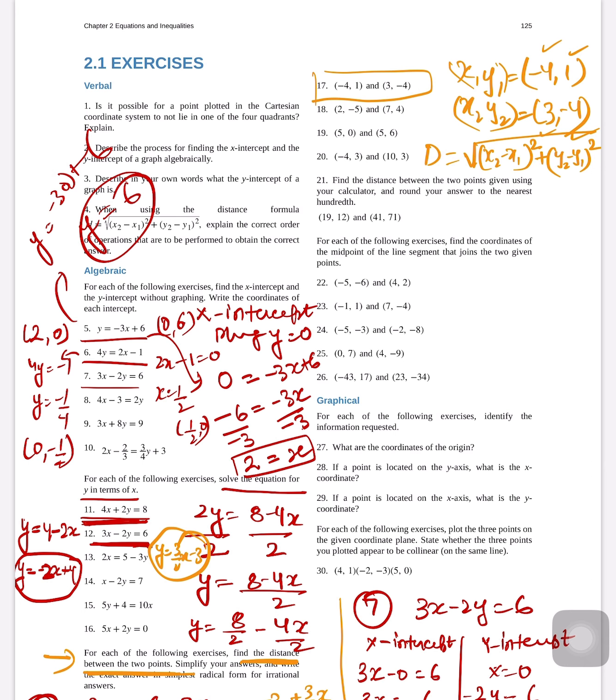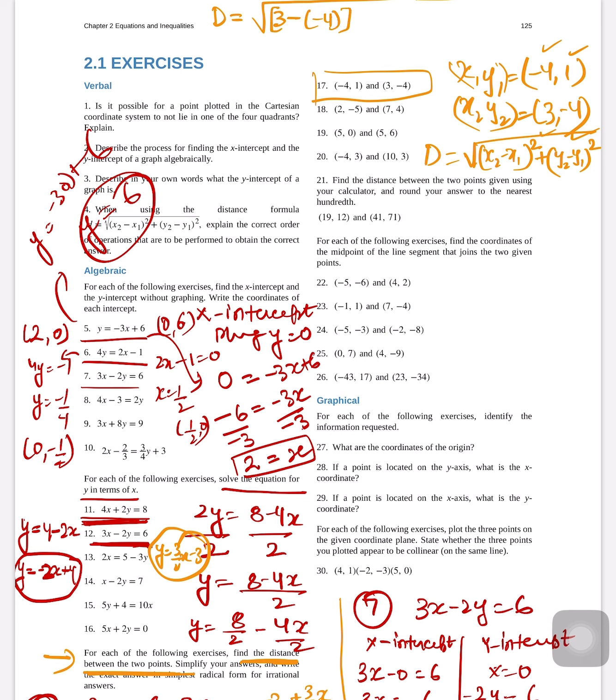So that gives you d is equal to the square root of x2. x2 is 3, so I write down 3 over there, minus, so I put a minus sign. Then we have to put x1, right? x2 is 3. x1 is minus 4. Because it's minus 4, we have to put parentheses.